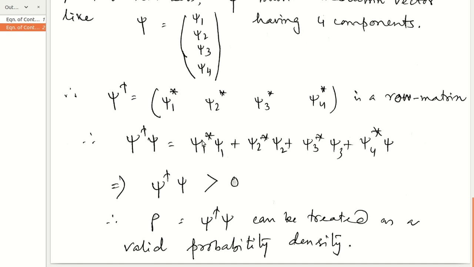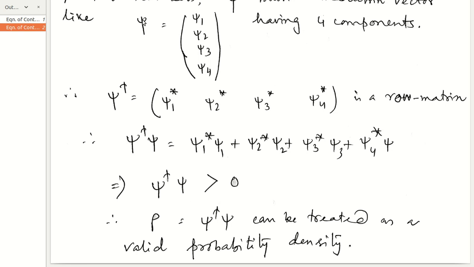Note that this can also be 0. This is surely non-negative. But this being 0 means all the components must be 0, meaning psi will be a null vector. This will give you a trivial solution.